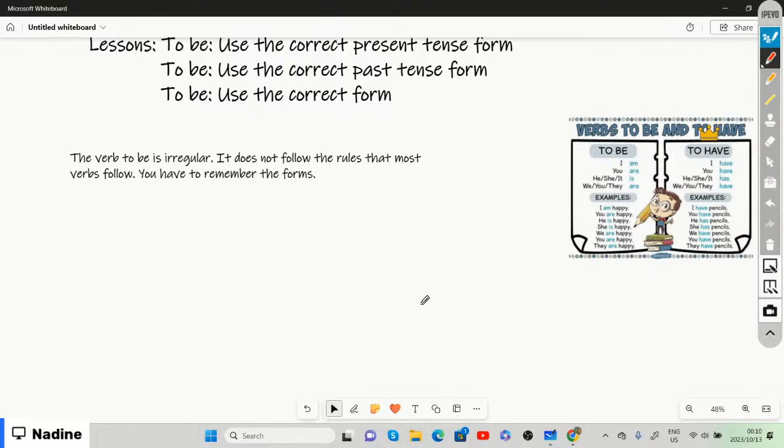So that is basically the standard words of to be. And if we look at an example, then I can maybe say I am.